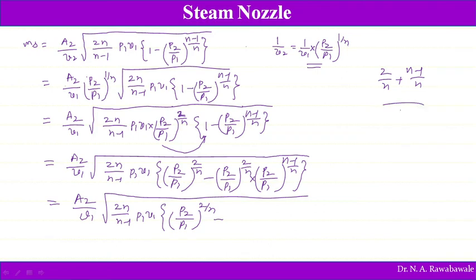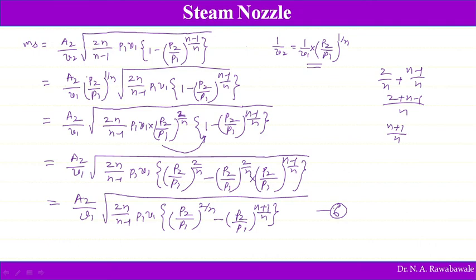So n is the LCM, 2 plus n minus 1, so n plus 1 divided by n. So here we can write (p2 divided by p1) to the power of n plus 1 divided by n. On simplification, we get this, and closing this bracket. So now we call this equation number 6.